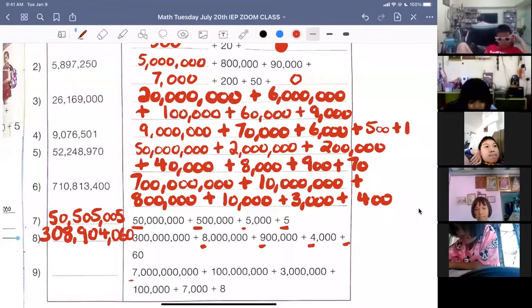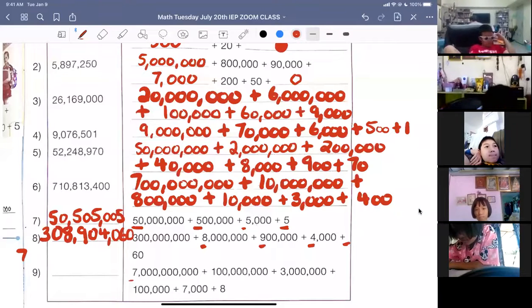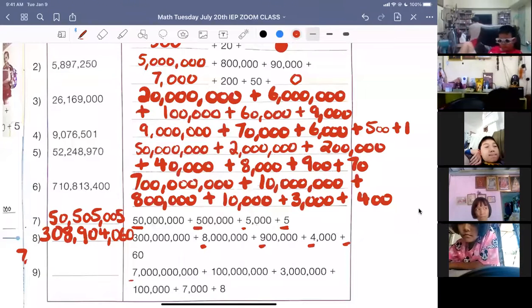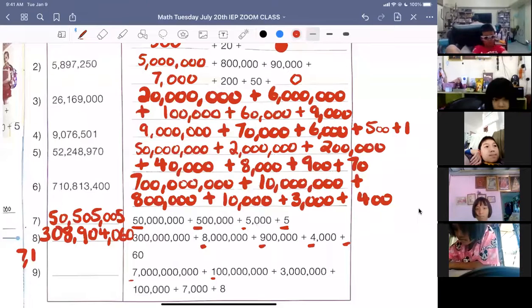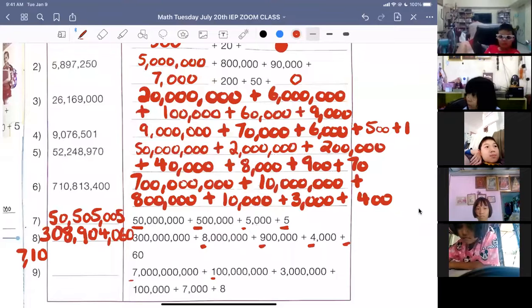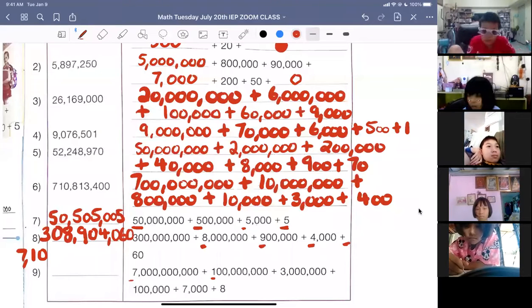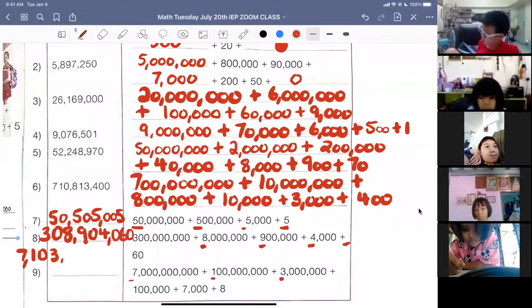So we're going to start with the 7. 7 billion. And we do have 100 millions right after. So we're going to write a 1. And we don't have a 10 million. So we're going to write a 3 after for the millions. So we do have 100,000s.